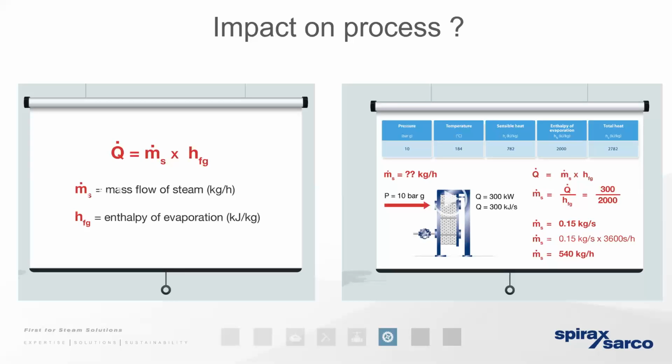So for example, if we know that we've got a 300 kilowatt duty, we know that we've got 2000 kilojoules per kilogram enthalpy of evaporation in the steam. Well, we can rearrange the equation and we can determine that we actually need 540 kilograms per hour of steam to satisfy the process. So basically, we've used one of those equations to calculate not only the steam demand, but also the size of the control valve.